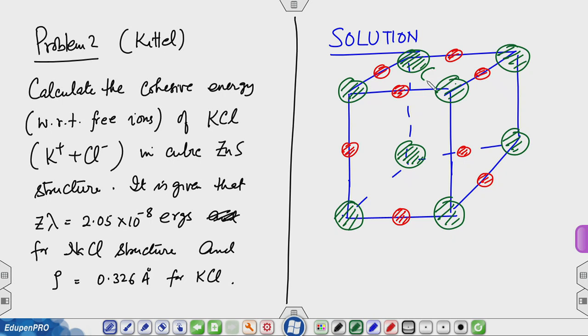Then this huge ion is also right here in the middle, and then you have a small ion here, and then the huge ion right here, huge ion right here, huge ion right here on this side, and there is a small ion right here in the middle, and so on. All right. So, you can see that there is a big ion on the back side also here. This is NaCl structure.